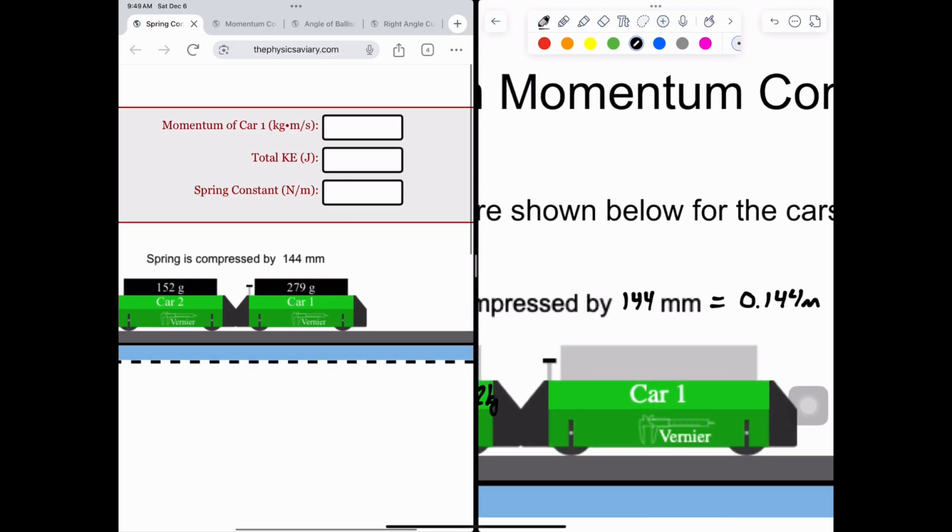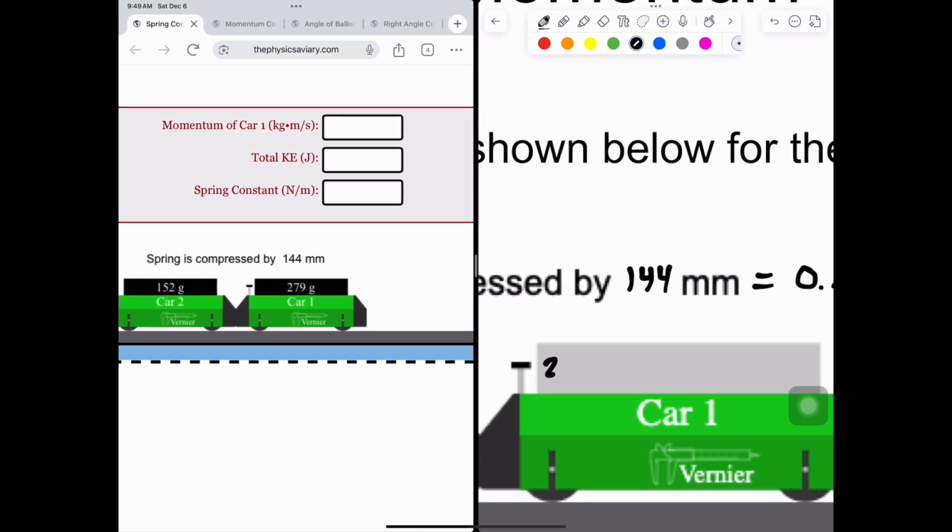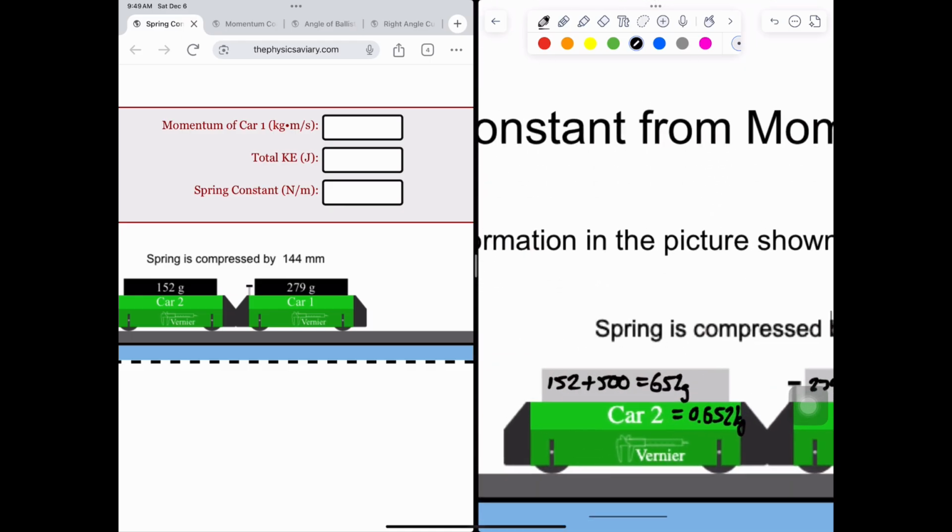Okay, cart 1, 279 plus 500 should be 779. Let me double check that. Or 0.779 kilograms. So we get that information, okay?